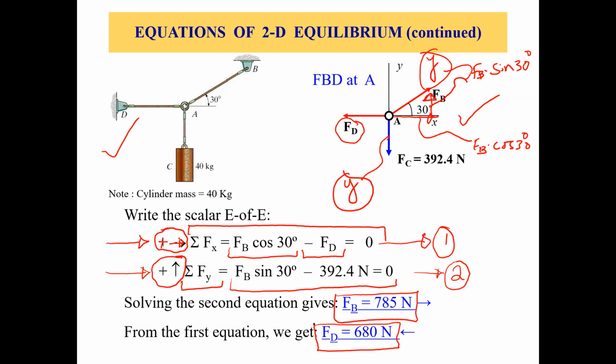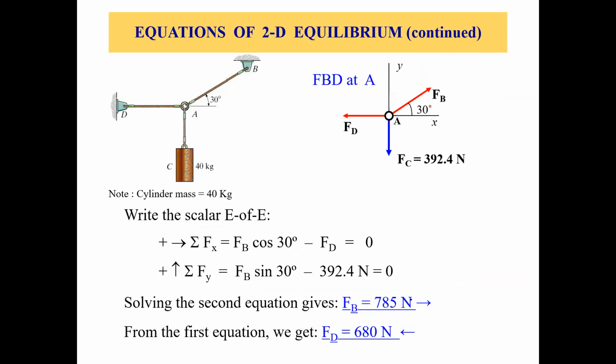And we get a negative number, which means that it's acting towards the left side, or leftwards, okay? So that's how we apply the equations of equilibrium after we draw a free body diagram to solve for the unknown forces, right? I hope it makes sense and you are able to utilize this concept for further statics problems.